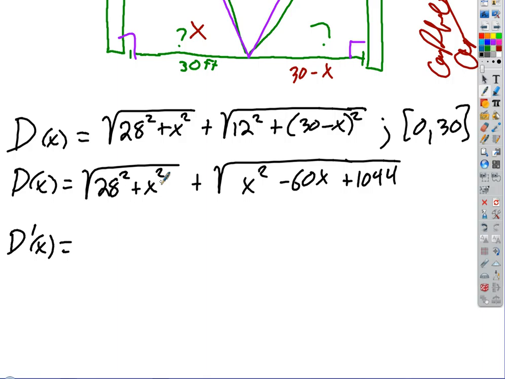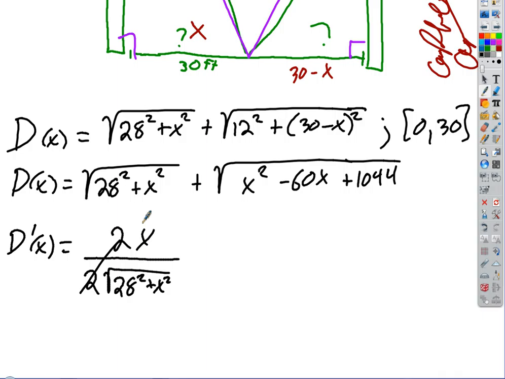Square root on the bottom. So we could make this 1/2 over the square root of this, times the derivative of this. What's the derivative of 28 squared plus x squared? 2x, because 28 squared is just a number, so that's a constant. And so the 2's cancel.